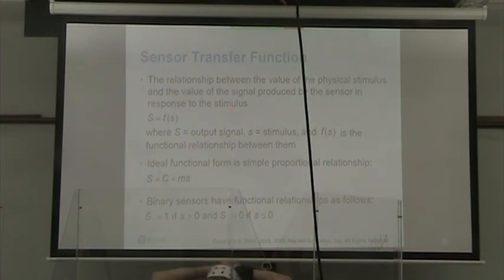Hopefully, our ideal functional form is just a proportional relationship. S equals C plus MS. If we have binary sensors, then our uppercase S equals 1 if lowercase s is just greater than 0, and uppercase S equals 0 if our lowercase s, our stimulus, is less than or equal to 0.